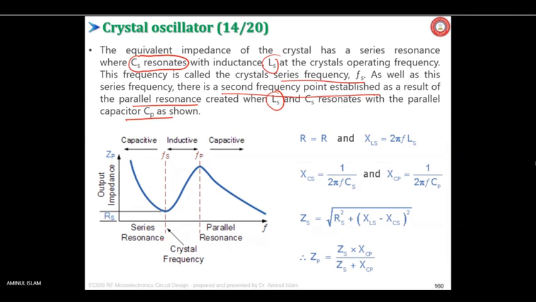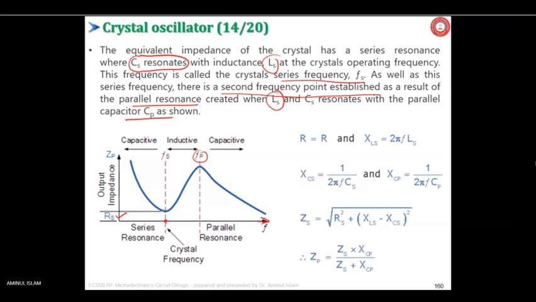And you see that the series resonance occurs at this frequency. This is a frequency axis, and the impedance is minimum there, equal to RS. And another frequency, the parallel resonance frequency FP, is where maximum impedance occurs.